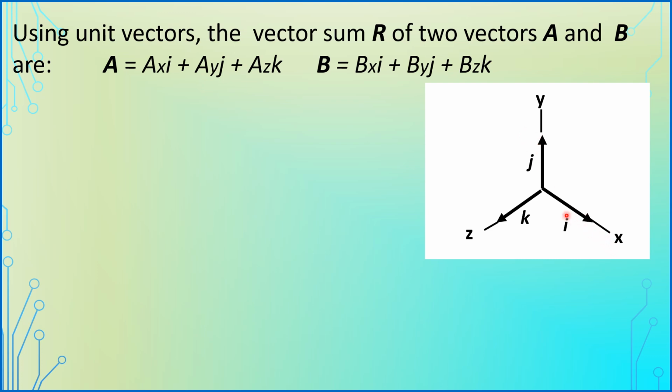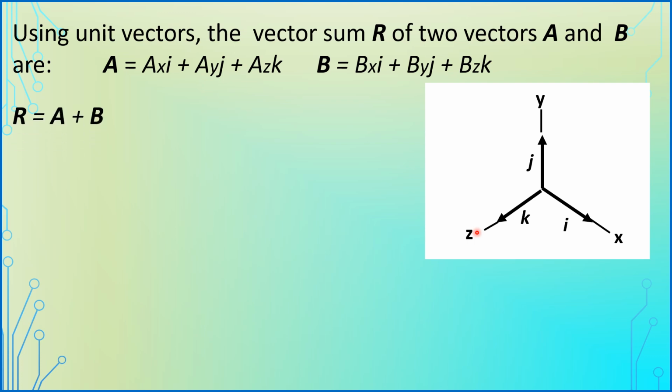In addition to the unit vectors i and j, where the unit vector i is directed towards the positive x-axis, while the unit vector j is towards the positive y-axis, we include the third unit vector k, and that is directed towards the positive z-axis.